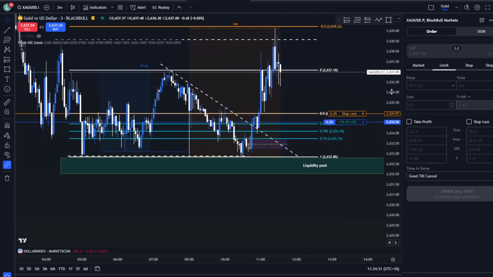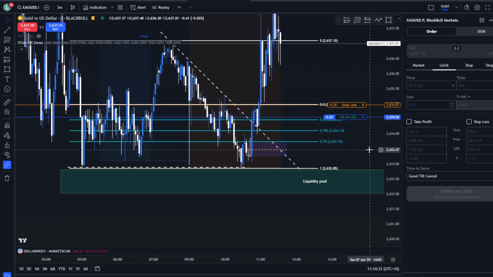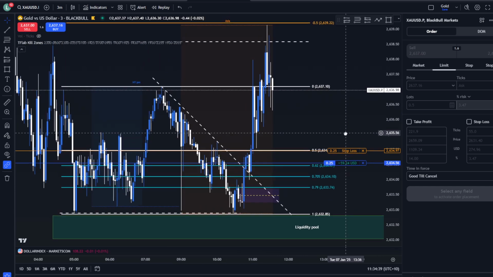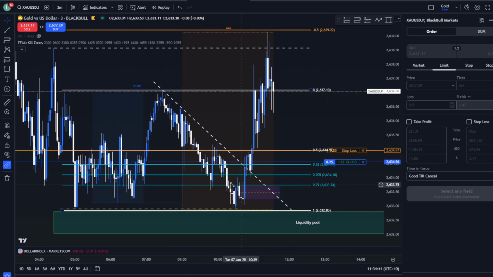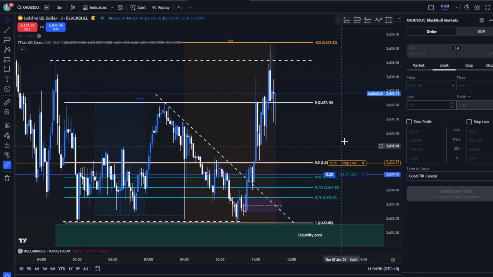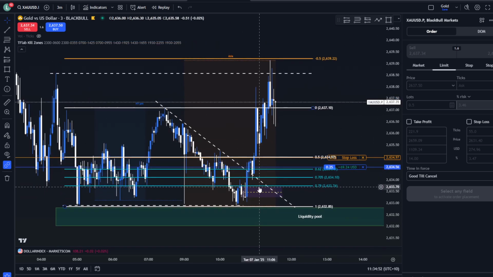Again, we did have a different type of setup later on form, where this trend line got broken. And as I said, what we usually want to see when that happens is we want to have our stop loss under an opposing trend line, and we want to have that run upwards straight away. So that was a different trade that formed.